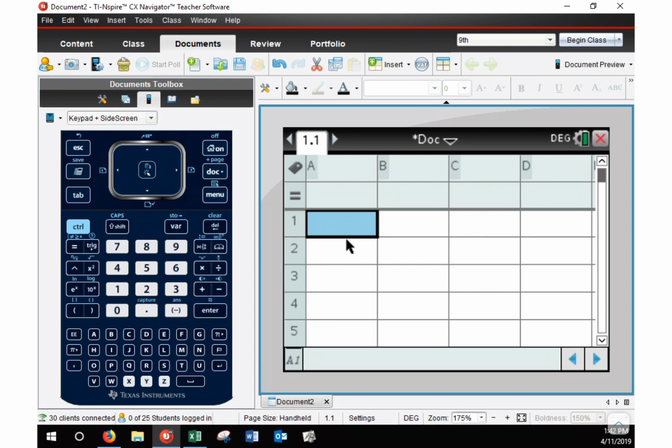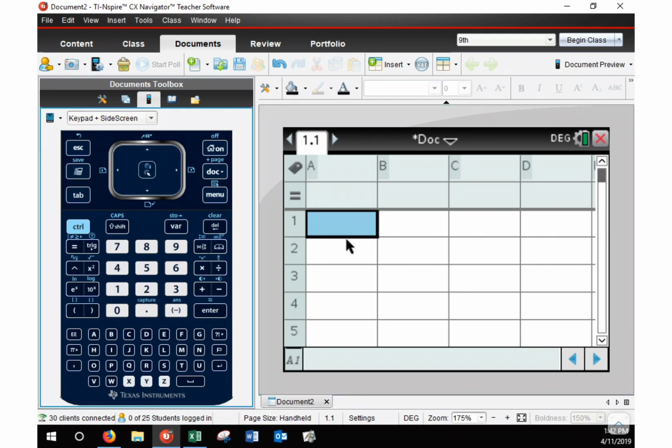Okay? The calculator doesn't know what data we have going on, so it's up to us to figure out what that data is. And so we take a look at that table, and as we can see, we've got weeks and savings. So I'm going to put weeks here, and then savings in the other column. Okay.